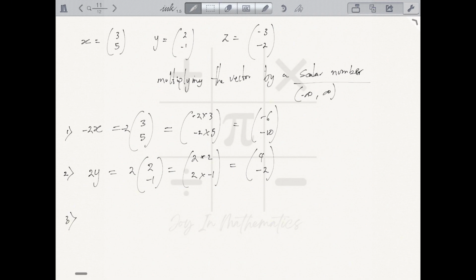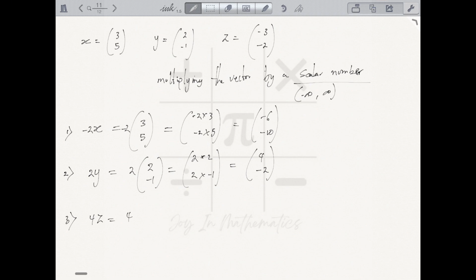Question 3. Let's take, for instance, 4 multiplied by minus 3 minus 2, that is 4z. 4 is a scalar, z is a vector.